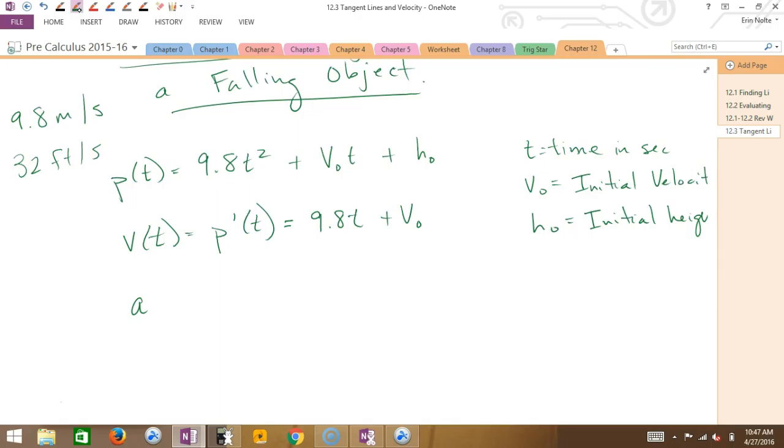This is how fast the ball is moving after 1 second. This is my initial velocity, which required movement, right? If I don't have an initial velocity, the ball never went upwards. Not always, because I can drop things and they fall.